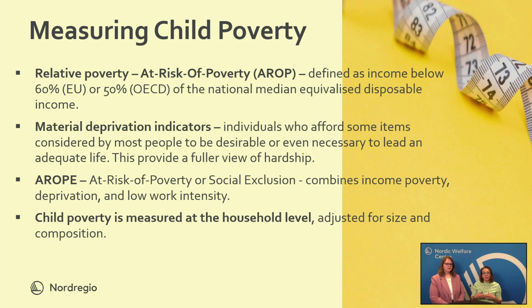This gives a wider view of hardship. The last one is AROPE, which refers to at risk of poverty and social exclusion. This combines the indicators I mentioned a moment ago, at risk of poverty and material deprivation, and also the work intensity of a family.